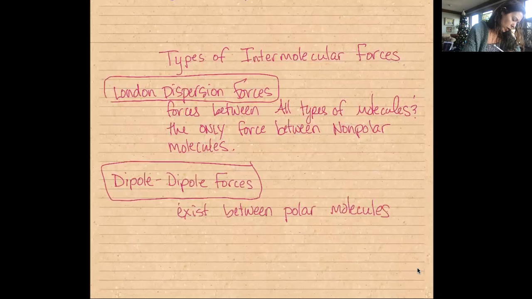It is wherein you have a molecule that has a partial positive and a partial negative end. And you have another molecule that has a partial positive and a partial negative end because they are polar.